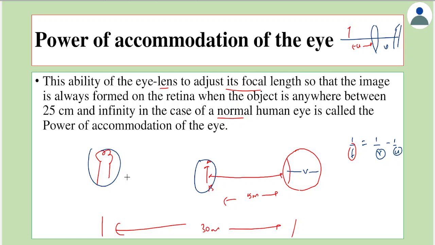It means that in this equation 1/f = 1/v - 1/u, since v is fixed and since we see both the objects, which are very far away, clearly, it means that f should change. Because even if f were to remain constant, then we could have only one value of u. But here we have two values of u, or we can look at many other objects also.